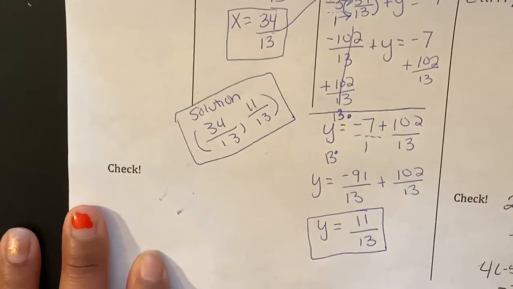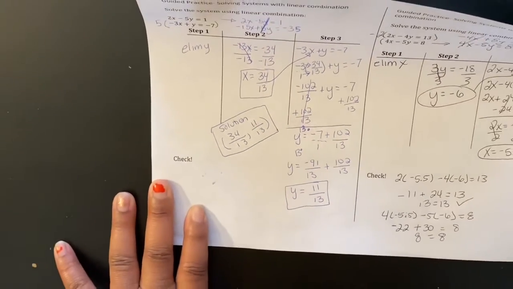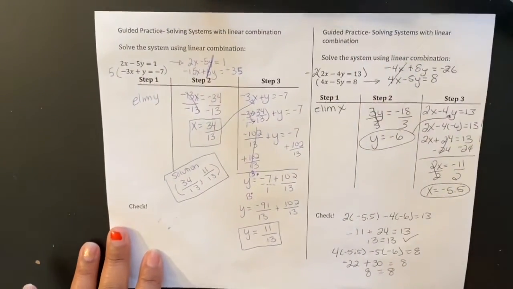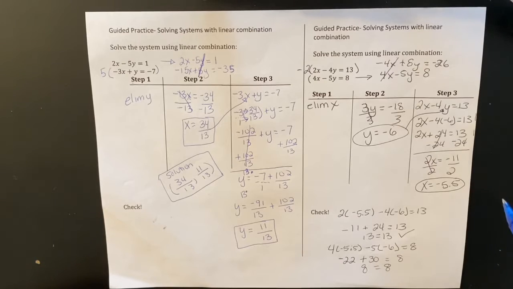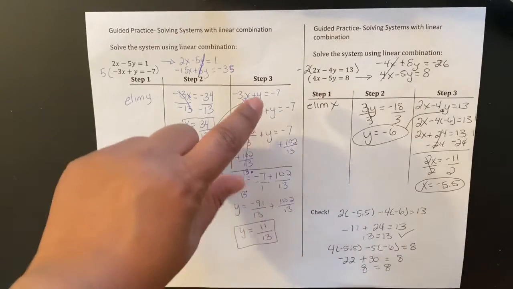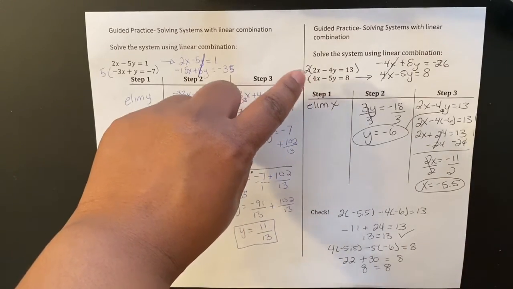Now, looking at the rest of the problems, if you would like, please pause the video so that you can see if your answers coincide with my answers. Again, we're using the elimination method, going step by step. Now, you could have eliminated a different variable.